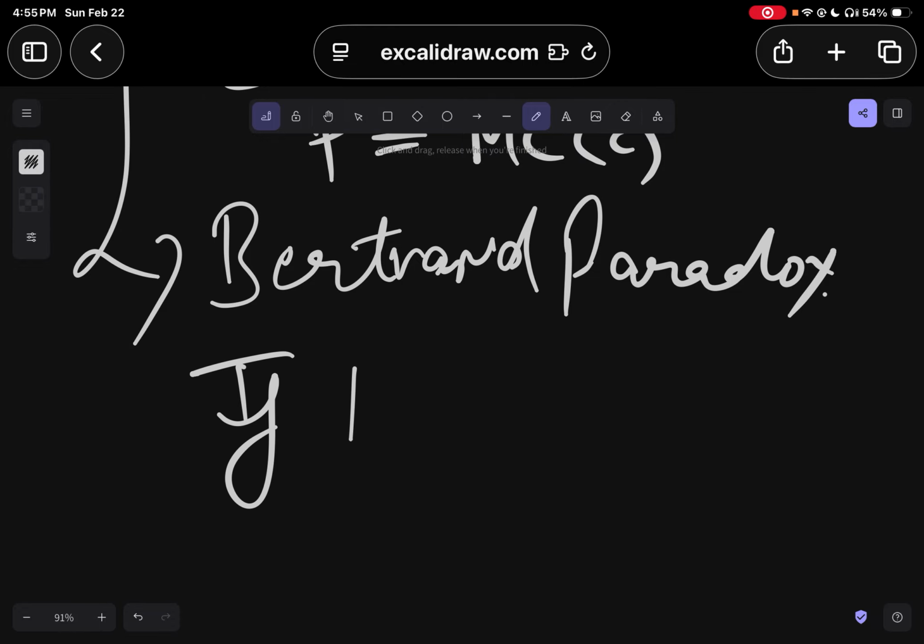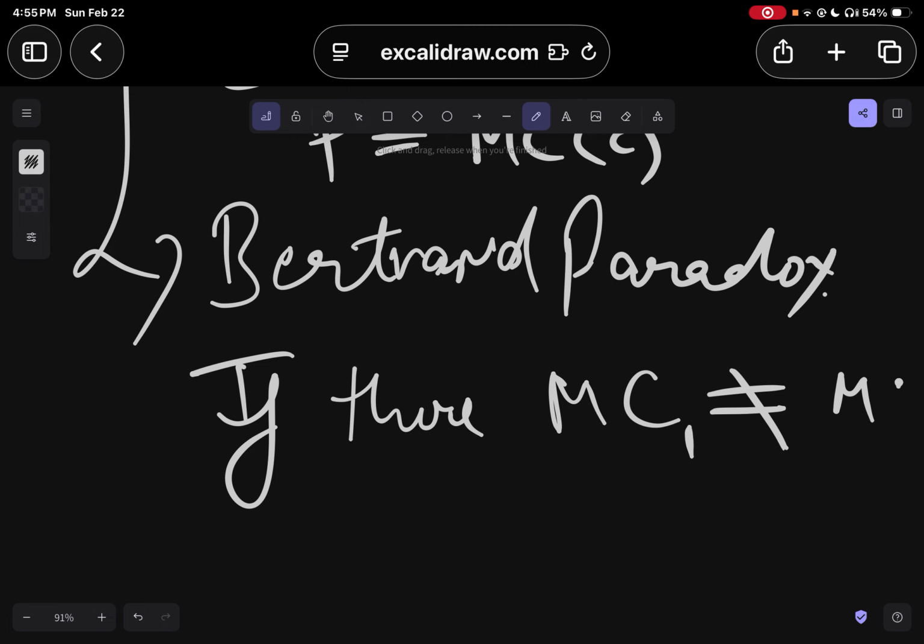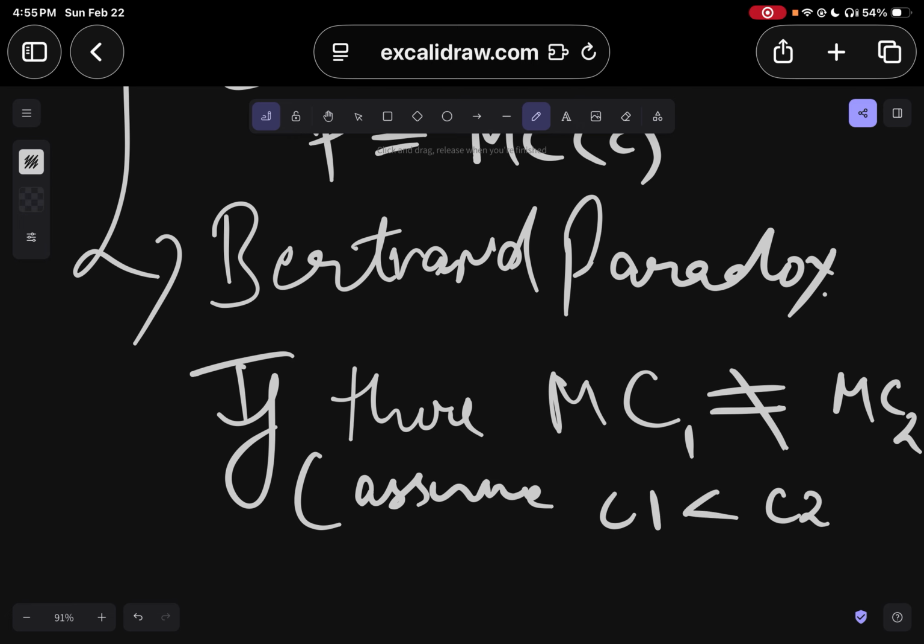If firms do not have equal MC, then the solution has two possibilities. So if MC1 is not equal to MC2, then let's assume C1 is less than C2. Now we have two possibilities.